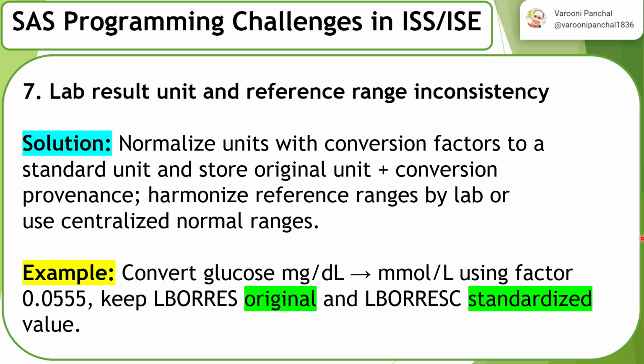So when I see the structure, I will come to know in the ISS study that this was my original, which is reflecting from study A, and this is my conversion factor, which I'm going to use in my analysis into tables, listings and figures. So it becomes very essential to keep this kind of values.